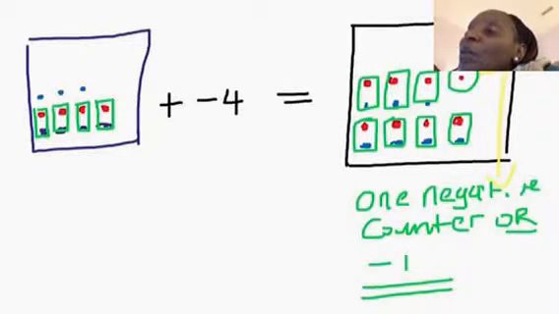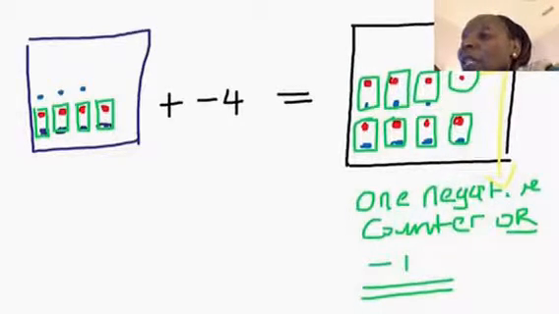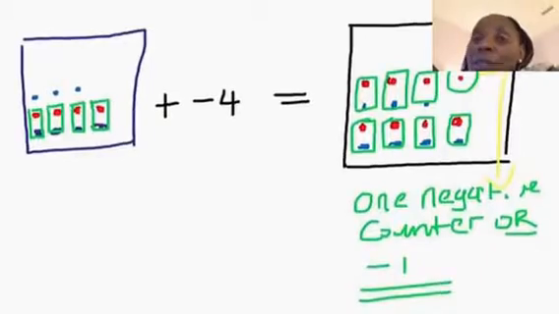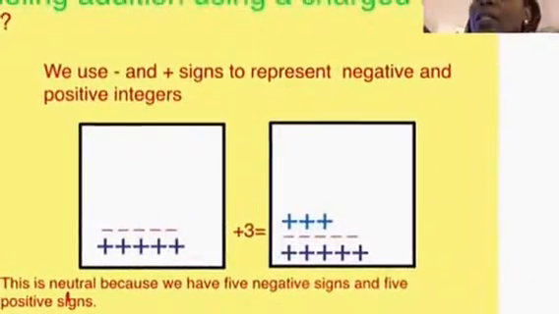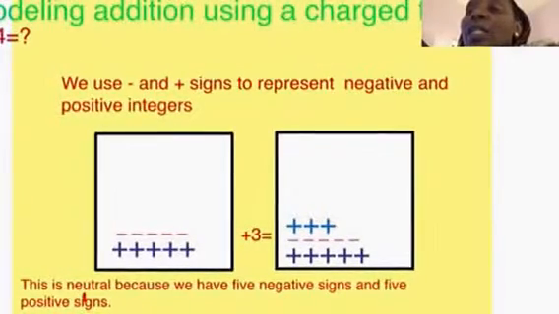So we add 4 red counters, 1, 2, 3, 4. Now when we look at this, there's the pairing 1, 2, 3, and we are left with 1 red counter. And so our answer there is negative 1. So that is modeling addition using counters.